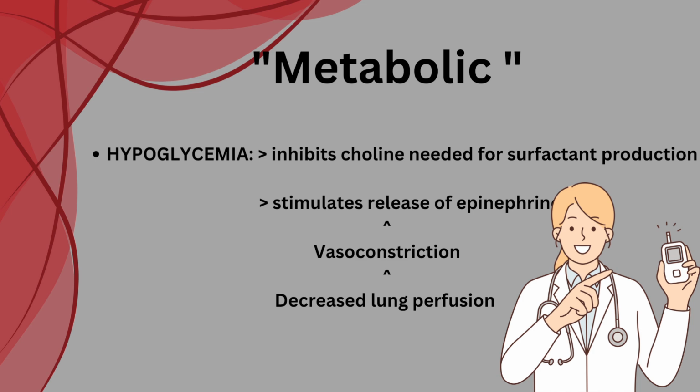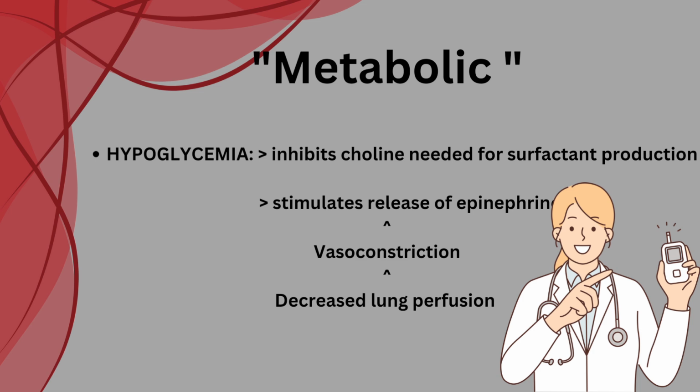Secondly, when you have hypoglycemia, we did say that there will be stimulation of the 4 counter-regulatory hormones, which are cortisol, glucagon, growth hormone, and epinephrine. Epinephrine is a potent vasoconstrictor. So hypoglycemia can indirectly cause vasoconstriction through the release of that counter-regulatory hormone, epinephrine.